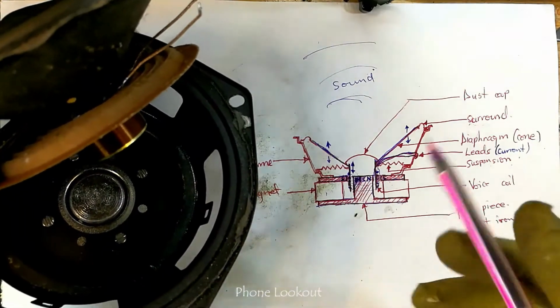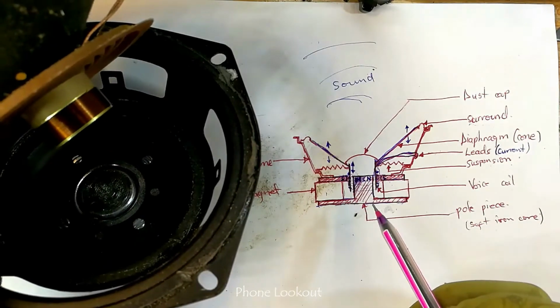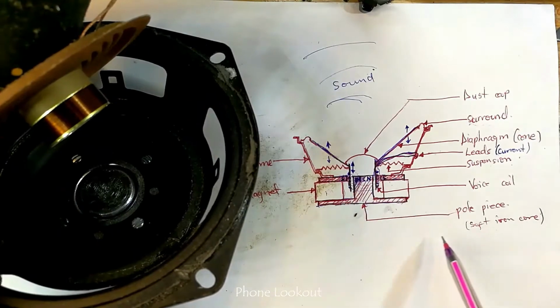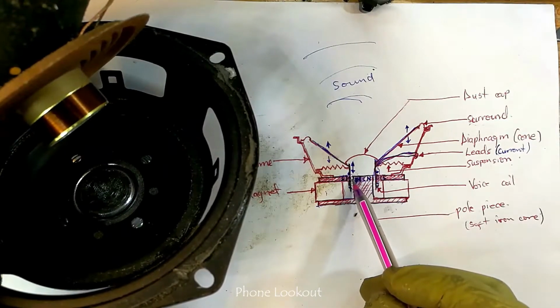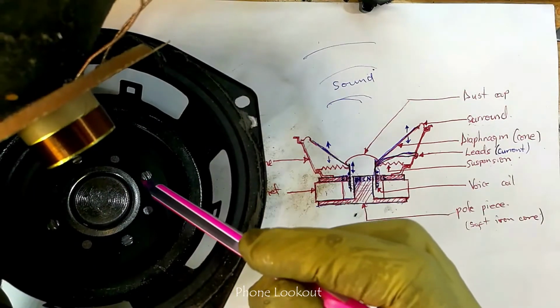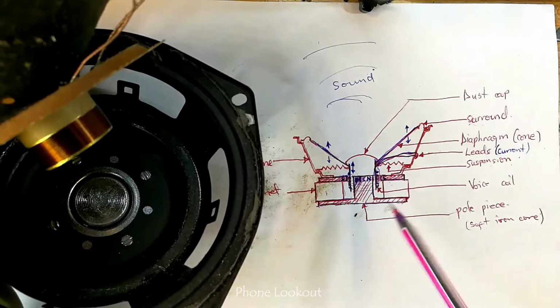Let me again repeat that. The primary parts of the speaker are the magnet and the pole pieces, those two, to create the magnetic field in that gap.